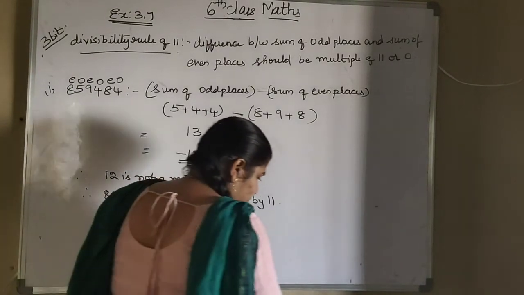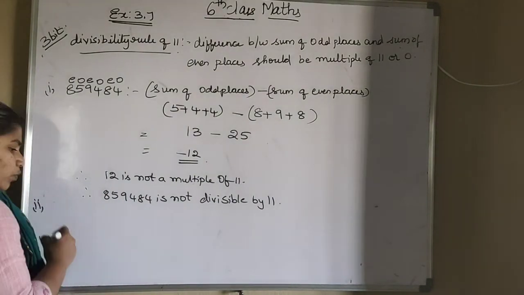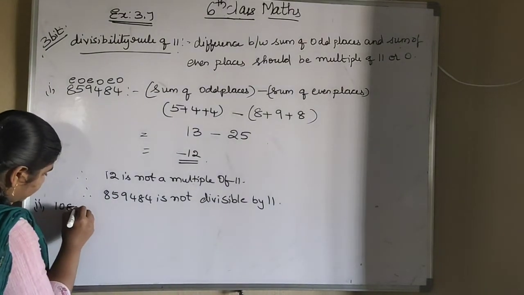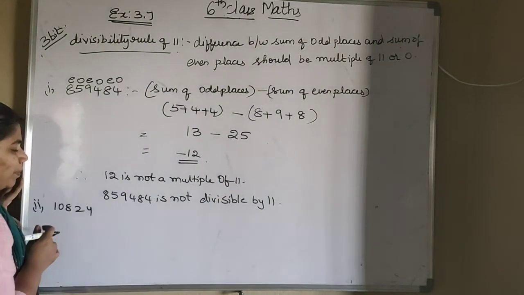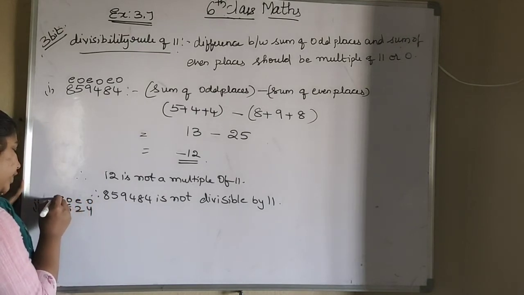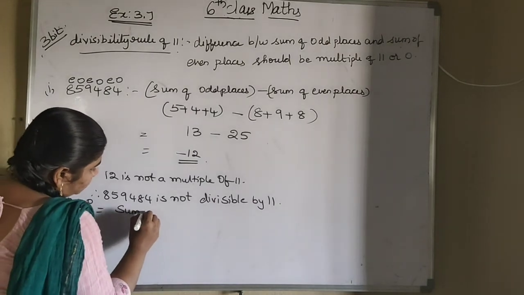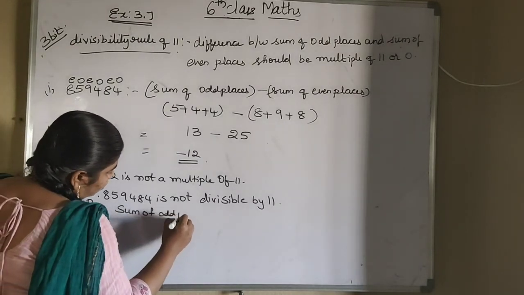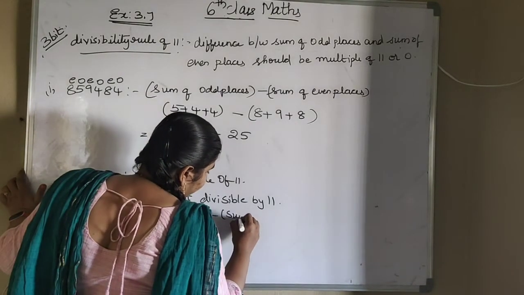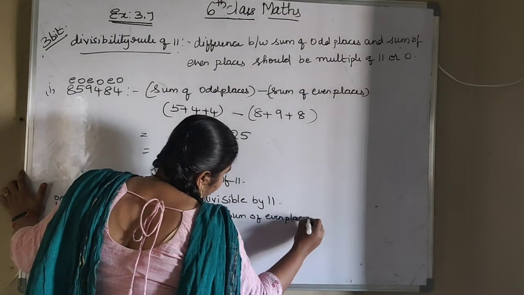Next one. What is the second one? 10824. First you write the odd place and even place: odd, even, odd, even, odd. What is the formula here? Sum of odd places minus sum of even places.